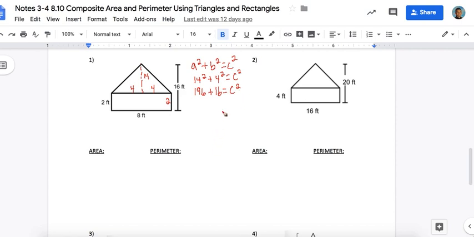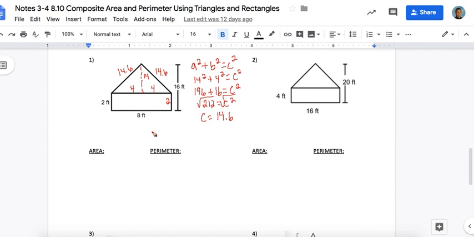Now I add those together, and I get 212 equals c squared. Now the opposite of squaring something is taking the square root. Therefore, c equals, and I'm going to round to the nearest tenth, so it's going to be 14.6. Okay, so I'm going to write 14.6 here, and I'm going to write 14.6 here.